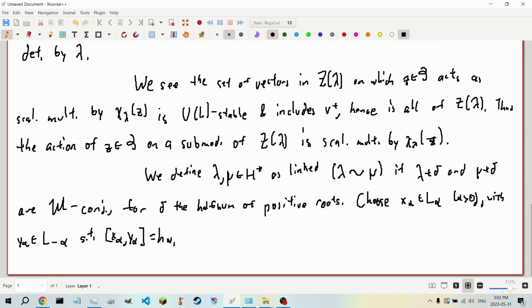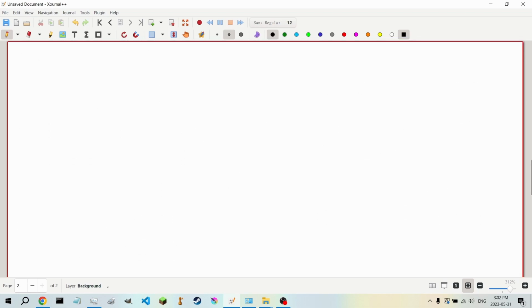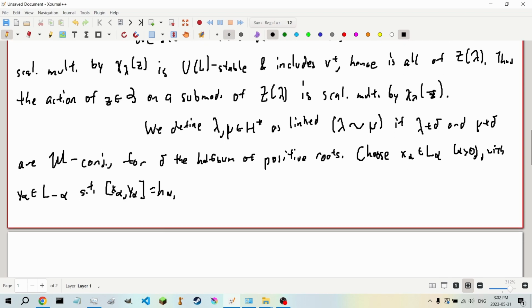And then we get a proposition on a new page. Let lambda be an integral weight and alpha be from our base.